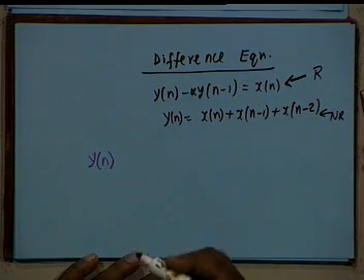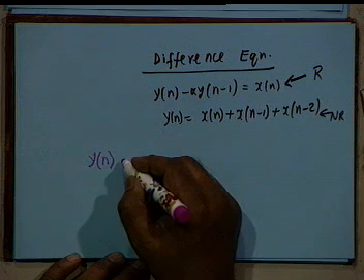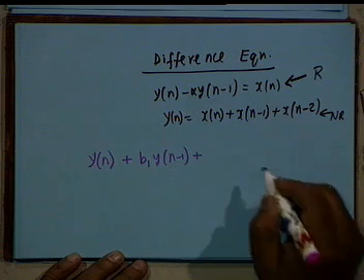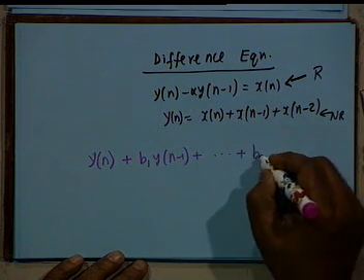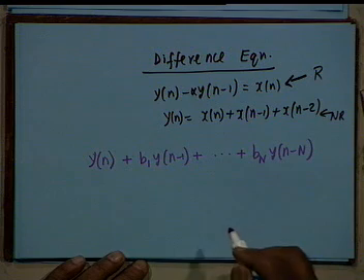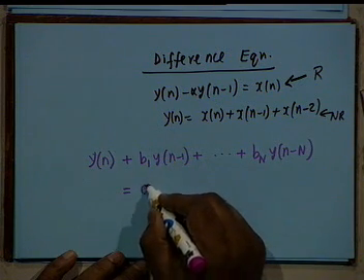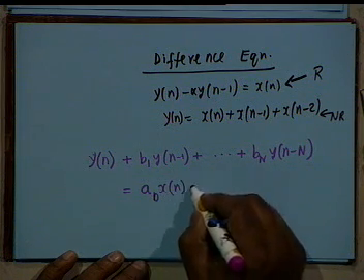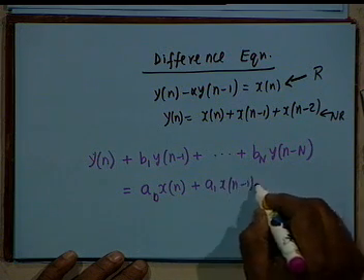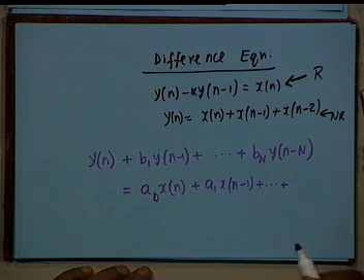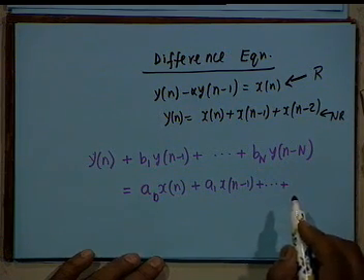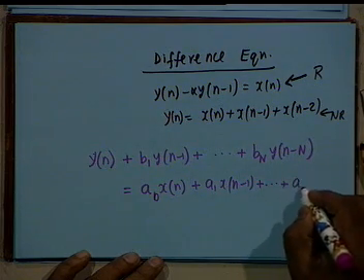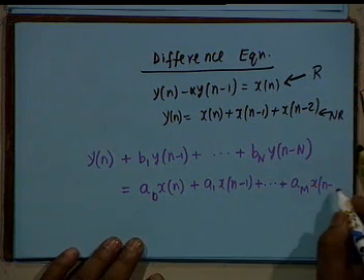In general, an LTI digital system is described by an equation of this form: y of n plus b1 y of n minus 1 plus b2 y of n minus 2 up to, let us say, bN y of n minus N is equal to a0 x of n plus a1 x of n minus 1 plus etc. There is no binding or obligation for x terms going up to capital N. It might end at capital M, which is less than N or greater than N. So we say aM x of n minus M.